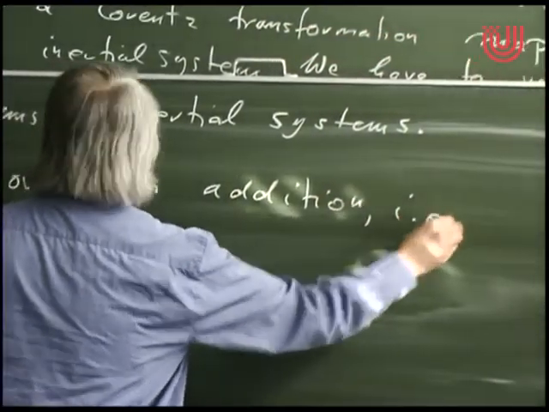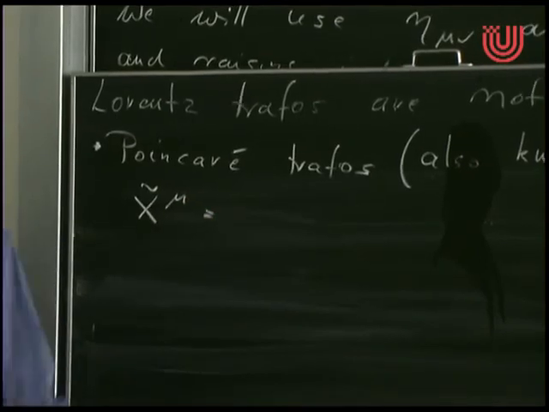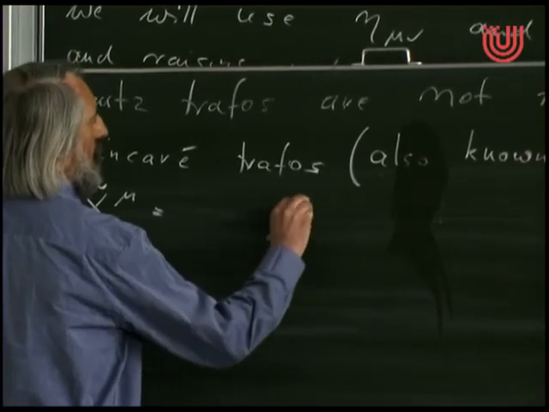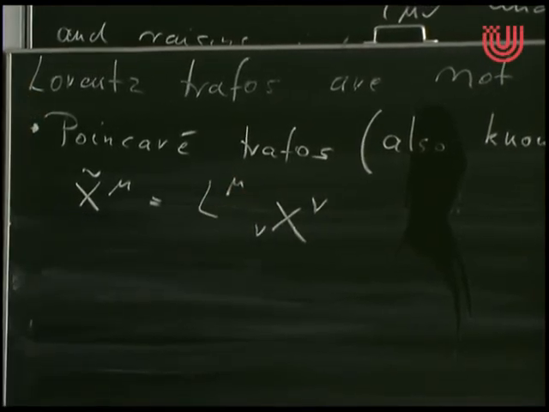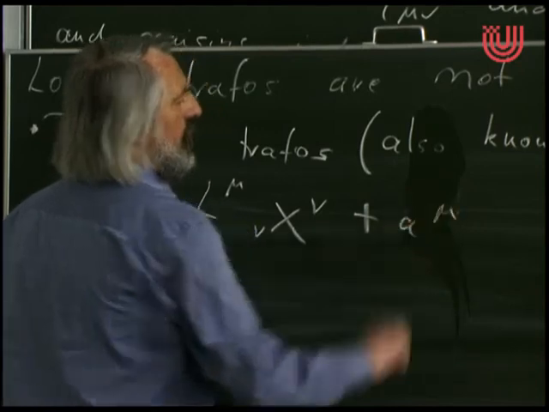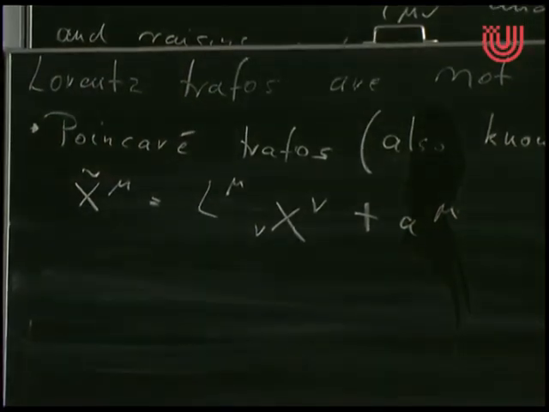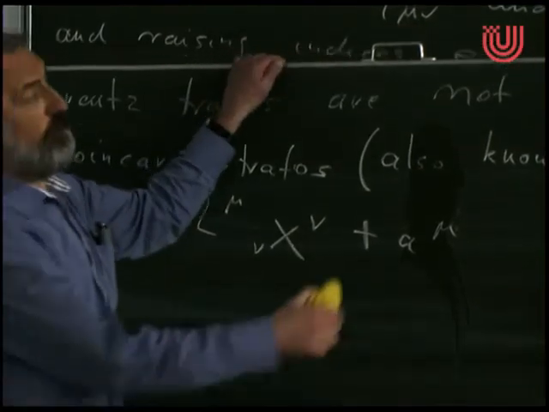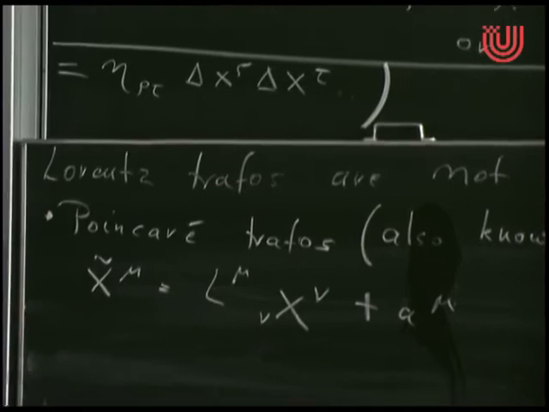So they are of the following form. The new coordinates x mu tilde are constructed from the old ones by a Lorentz transformation, and then I add just an a mu which shifts the coordinates. And it's easy to check that these two statements are still true, that straight lines are still mapped onto straight lines.